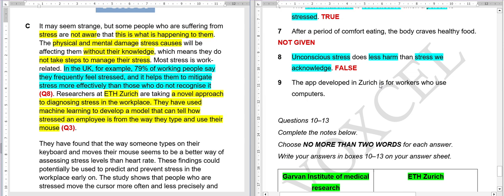Okay, let's read this. The app developed in Zurich is for workers who use computers. So is there any mention of an app developed in Zurich or something like that? Yes, here it is written ETH Zurich. So they are taking this particular approach. Now, when will the answer be true to this question? When that development is for people who are using computers.